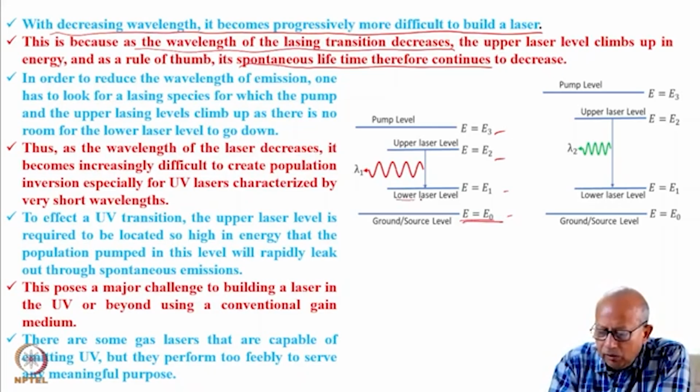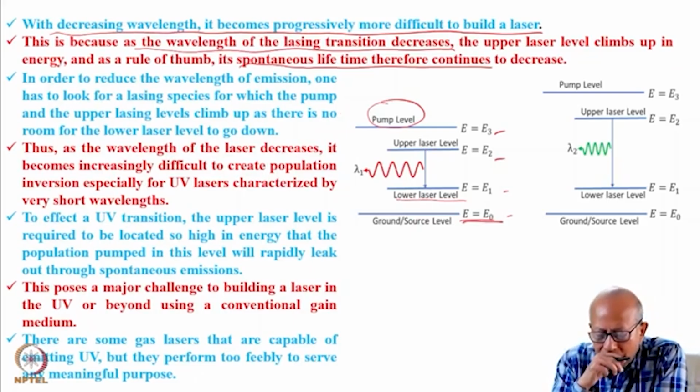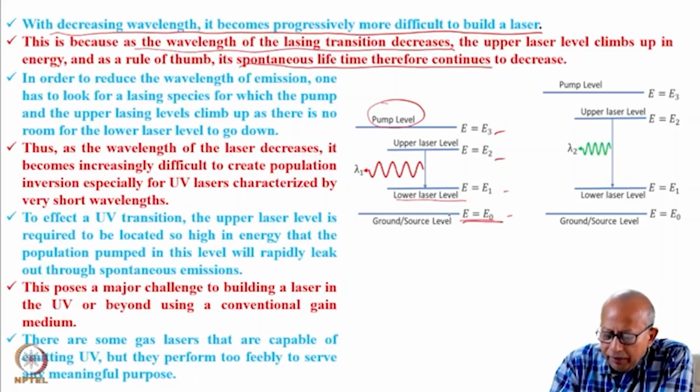This is the lower laser level, E equal to E1. This is the upper laser level, and this is the pump level, which helps you to transfer population from the ground to the upper level. Now, in the beginning, all the population is residing in the ground level. Other levels are empty.